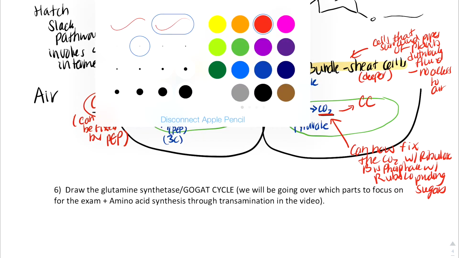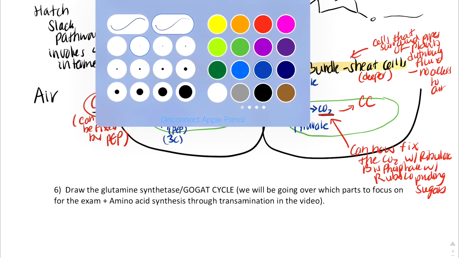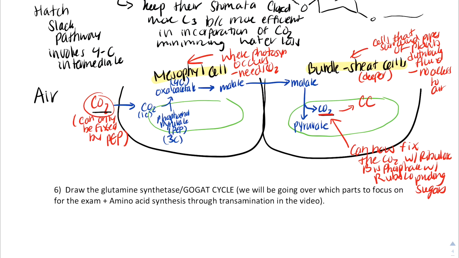And so the first CO2 is facilitated by PEP through the carboxylase enzyme. Okay, and it can only fix carbon.